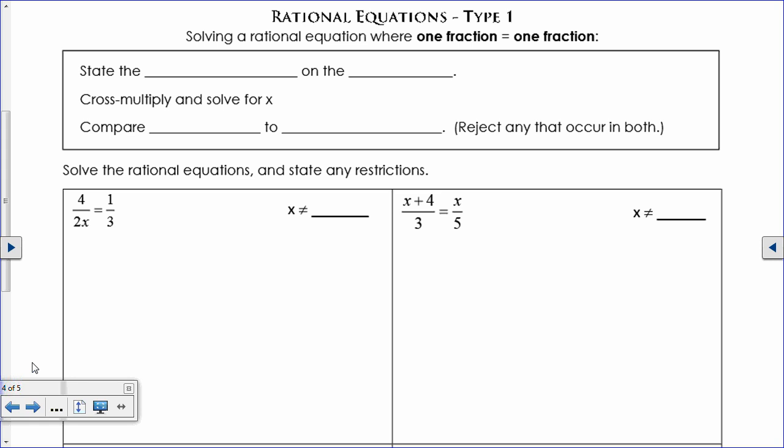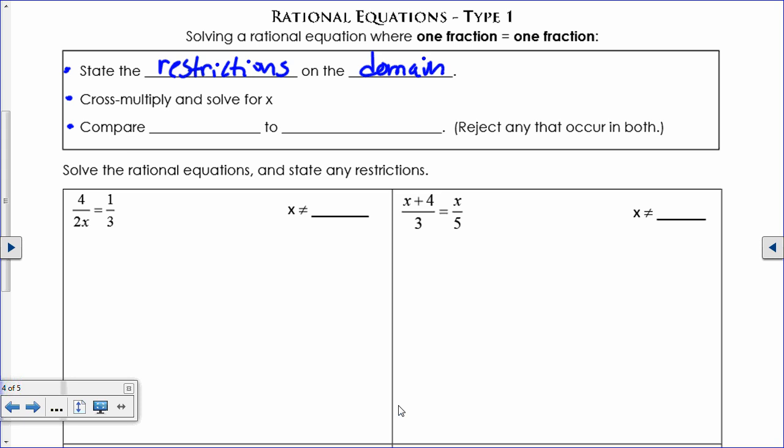Alright, so the process here, I've outlined it in 3 steps. Okay, so you're going to state the restrictions on the domain, because the x values are what we're worried about, for values that are not allowed, and x's are in the domain.